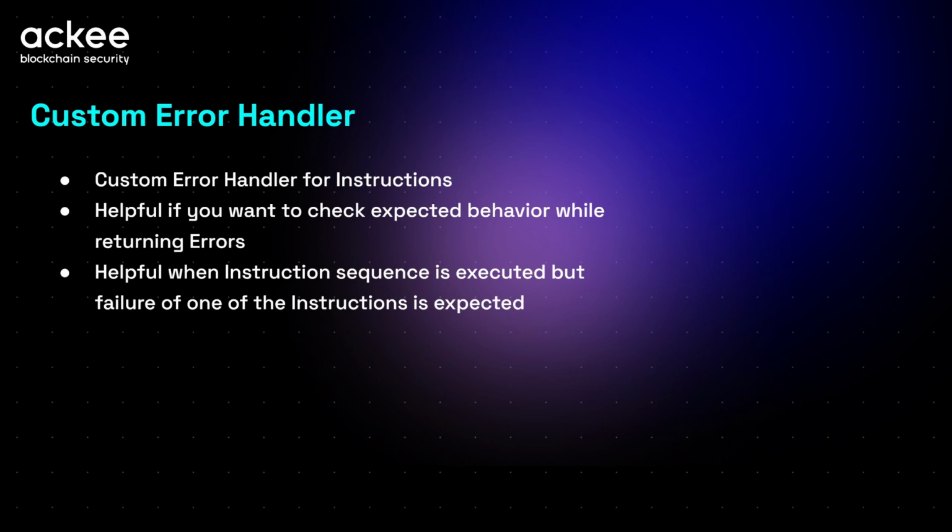Instead of that, you can specify the custom error handler for the instruction you expect will fail, and this is something like you catch the error and return an Ok result. You can also check the returned error. So in the sequence of instructions, you can expect that, let's say, the middle instruction should actually fail. So this is the custom error handler.